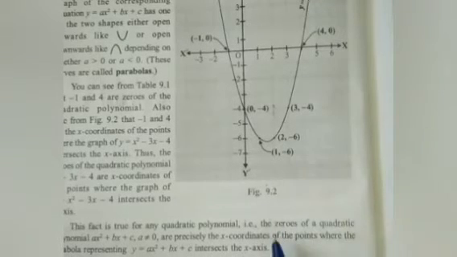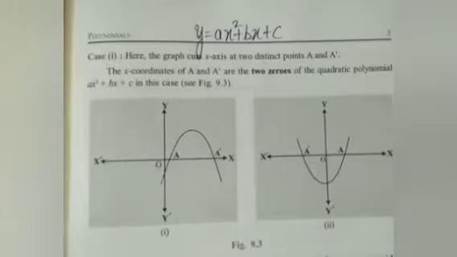This fact is true for any quadratic polynomial, because the zeros of a quadratic polynomial ax square plus bx plus c, where a is not equal to 0, are precisely the x coordinates of the points where the parabola representing y is equal to ax square plus bx plus c intersects the x-axis.